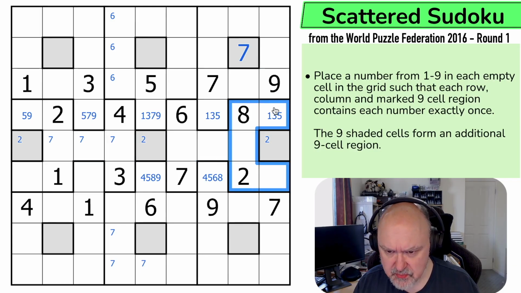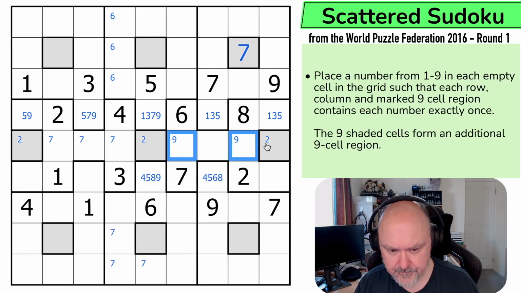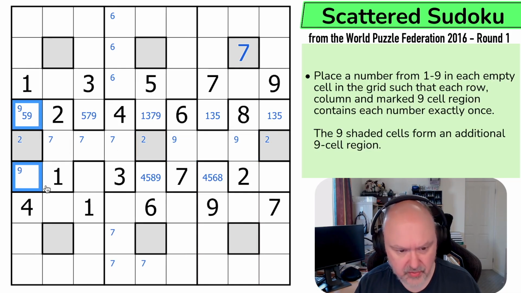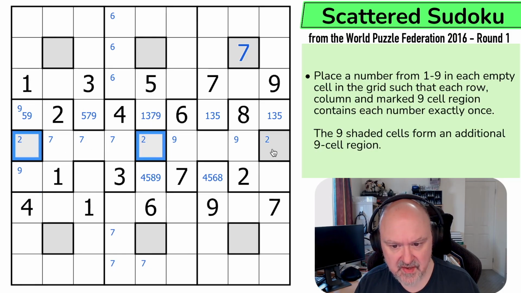9 in this region. It can't be there, it can't be there, it can't be there, it can't be in these. So 9 is in one of those 2. So 9 in this region now is in one of those 2. So 9 can never appear in any of those.